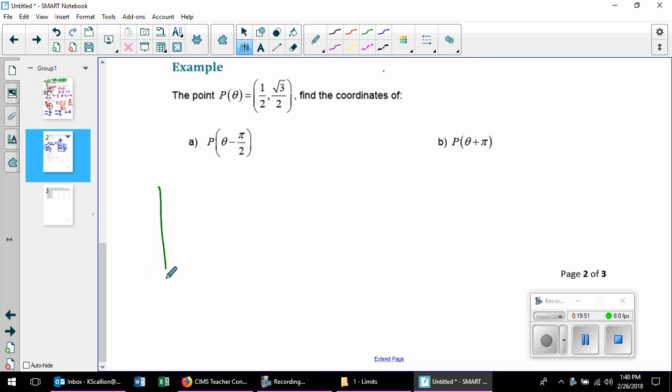So, all right. If I put this on, what do we know about our triangle? We know that cos of theta is equal to 1 over 2, and sine of theta is equal to root 3 over 2. So with that information, what do you know about my point?